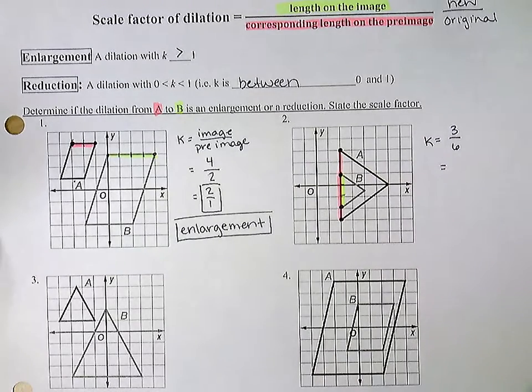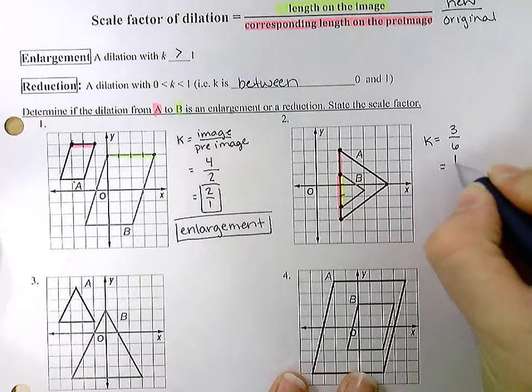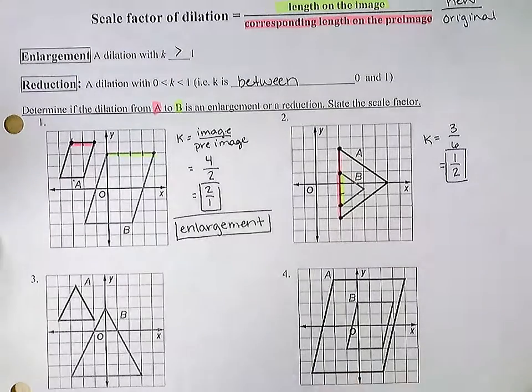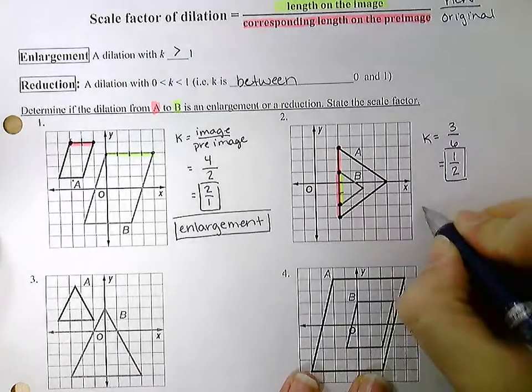And I do want to reduce that to 1/2. Okay, so now that I have a scale factor of 1/2, I want to say if this is an enlargement or a reduction. Okay, and since my scale factor is between 0 and 1, this is going to be a reduction.